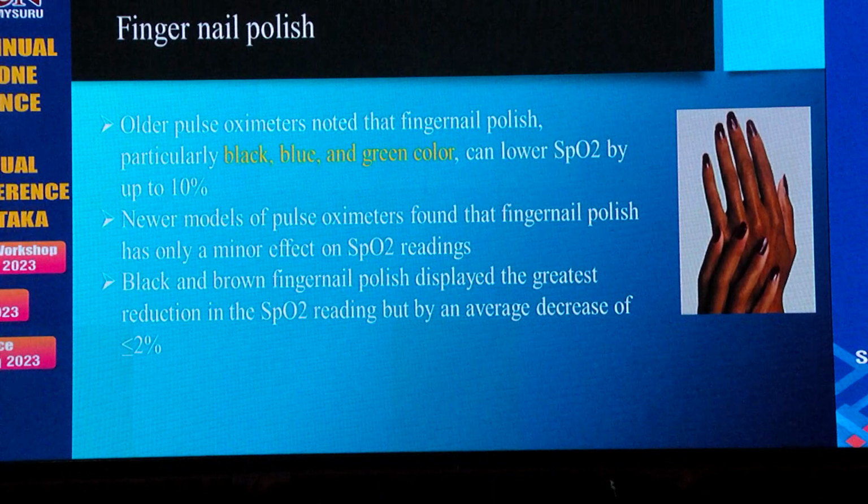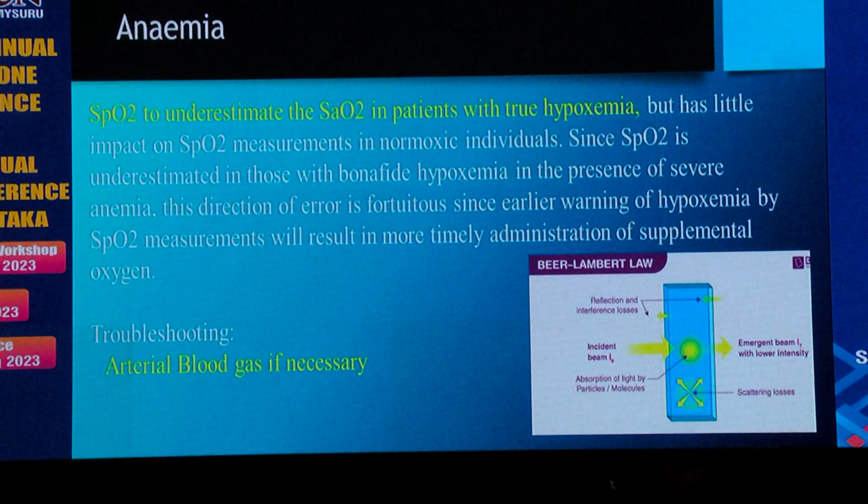Coming to anemia, what is the effect of anemia on pulse oximetry reading? SpO2 underestimates SaO2 in a patient with hypoxia with anemia. But it has little effect on the SpO2 measurement in normoxic patients with anemia.